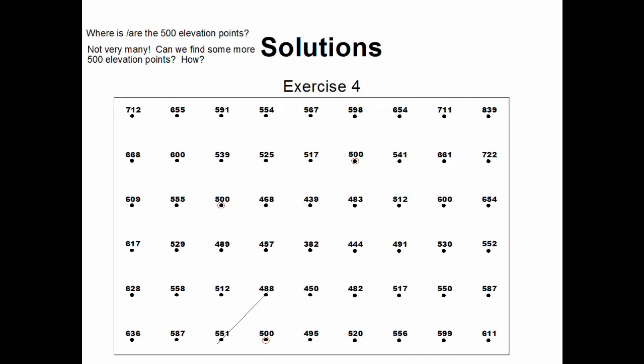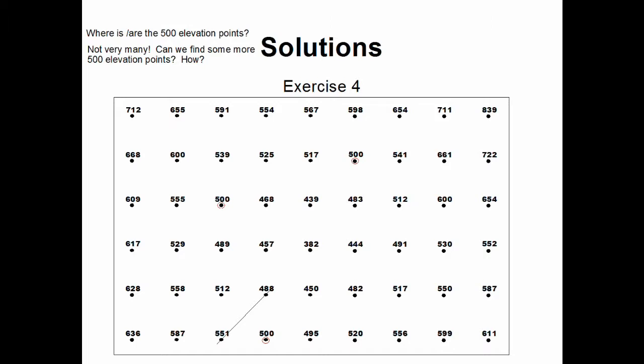But here we have 2 points, 488 and 551. You can easily see by moving from the 488 point to the 551 point that we will cross somewhere the 500 elevation point. Now, without much to do in actually putting a scale down, where do you suspect the 500 point would be? Closer to 488 or closer to 551?